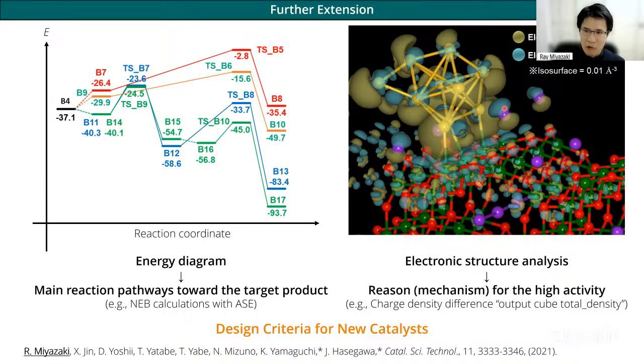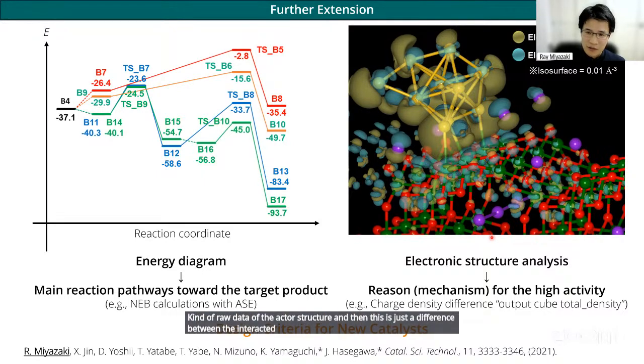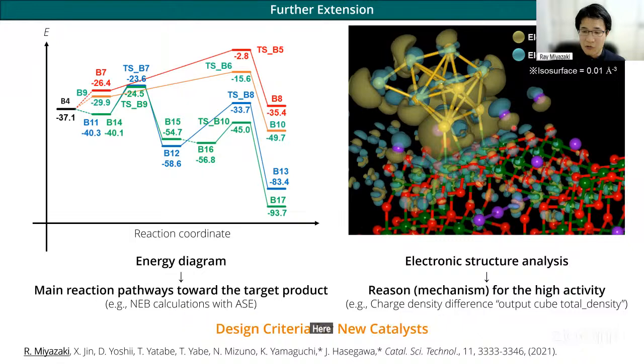The charge density difference is kind of raw data of the electronic structure, just the difference between the interacted system and the isolated system. As you can see here, the yellow region is the electron accumulation region, and the blue area represents the electron depletion region. That means the charge transfer from the support material to the cluster is nicely represented.